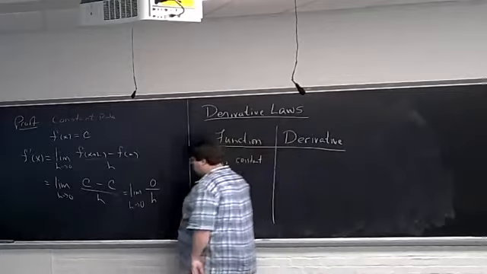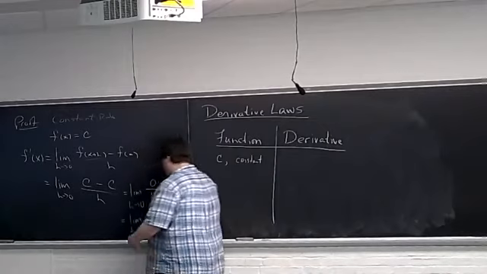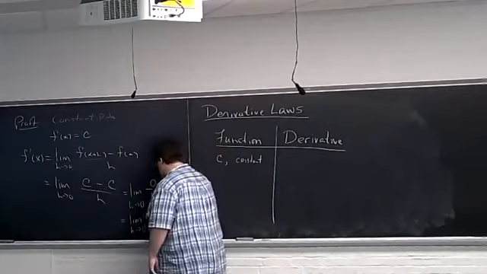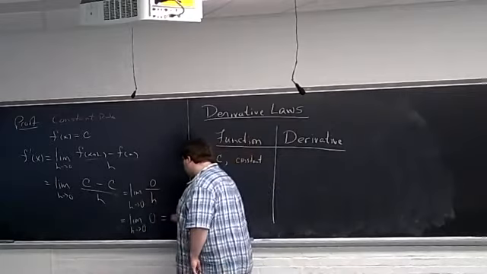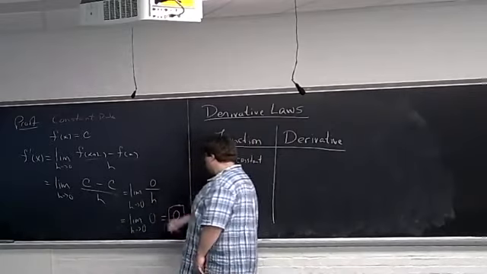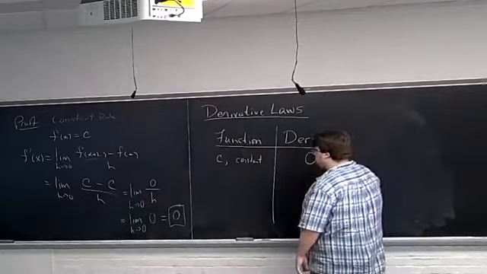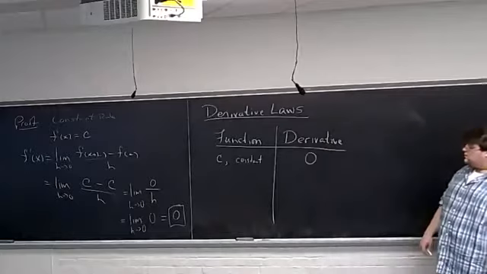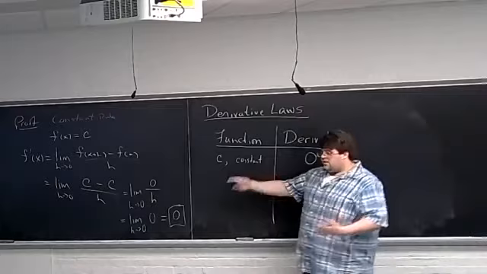This fraction always simplifies to 0 for h approaching 0, and then the limit as h approaches 0 of 0 is 0. Right there, we showed the derivative of any constant function is 0.